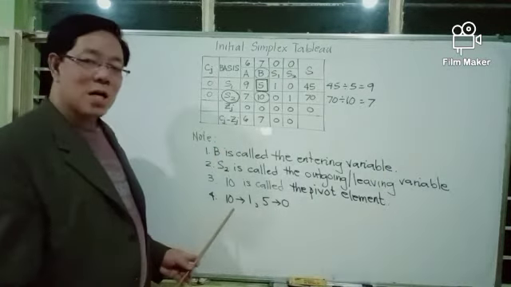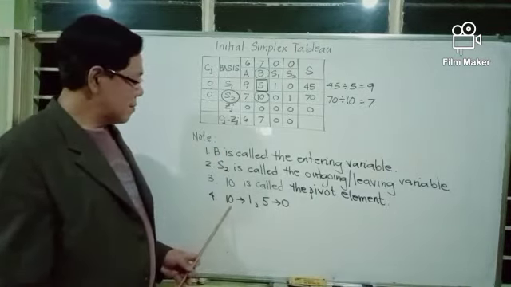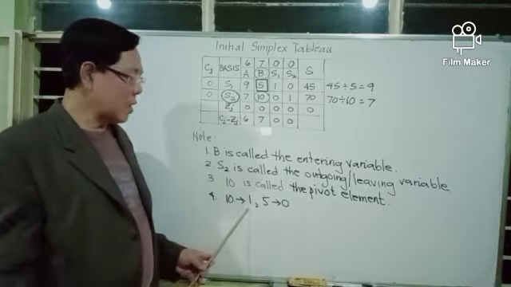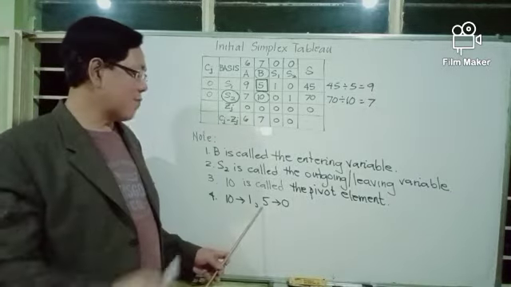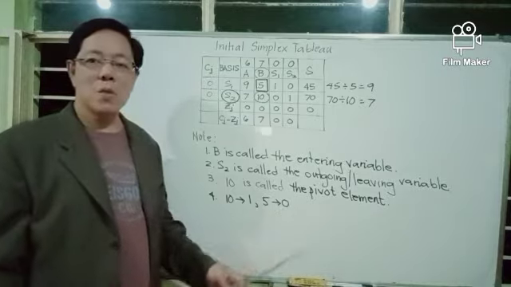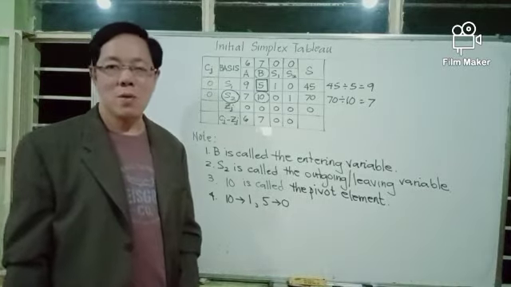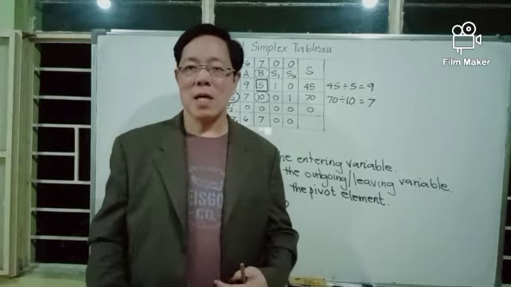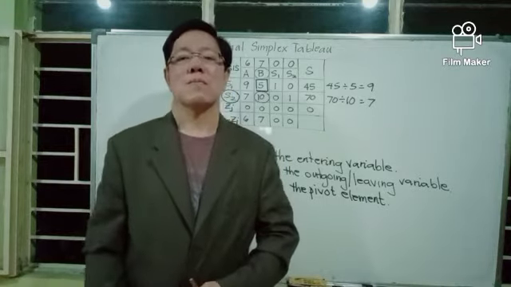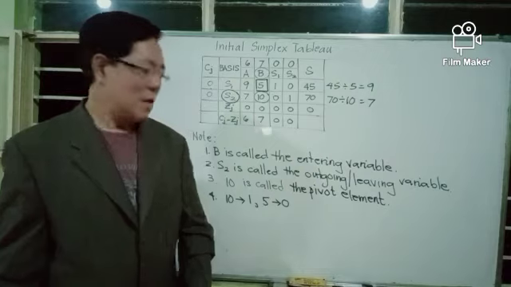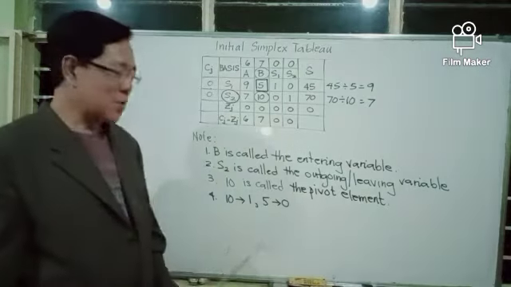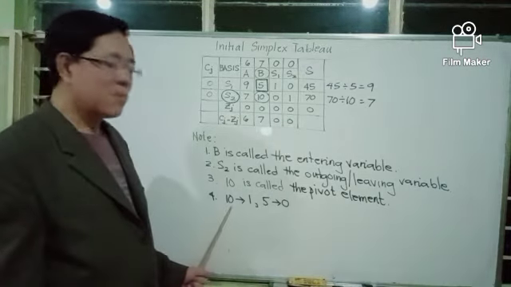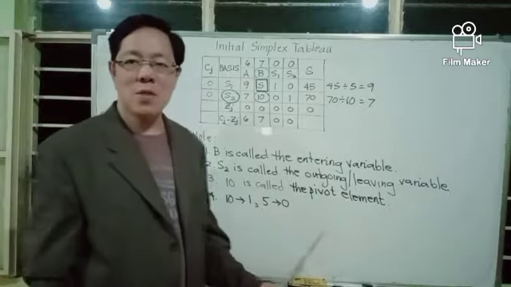Now to change this entry 10 to 1 and this entry 5 to 0, we apply what is known as elementary row operations. There are 3 elementary row operations, and we will use them to convert 10 to 1 and 5 to 0.